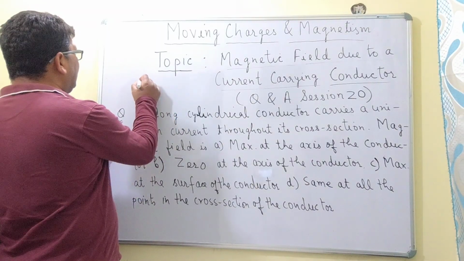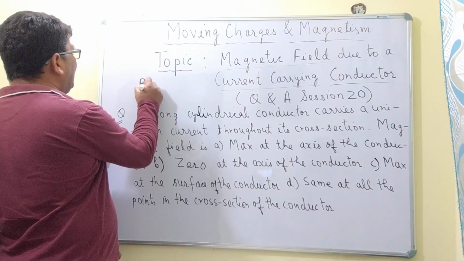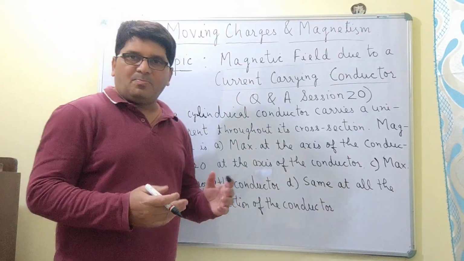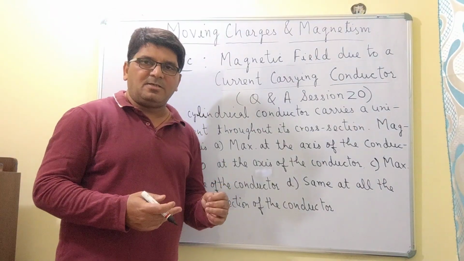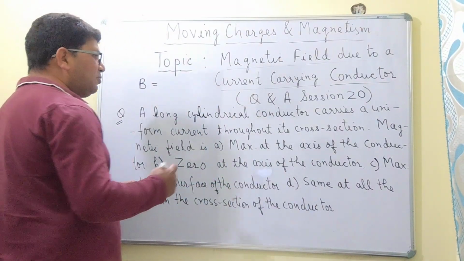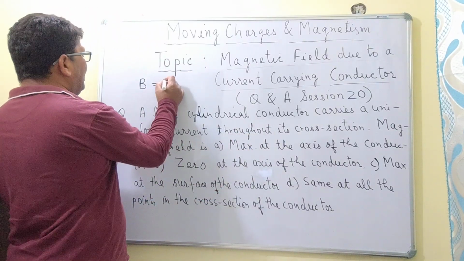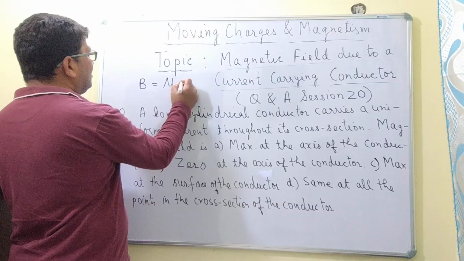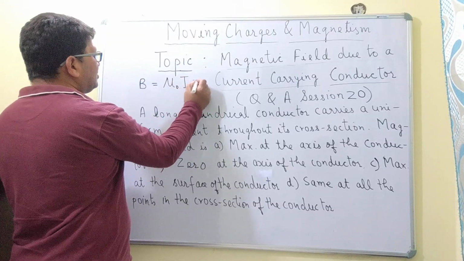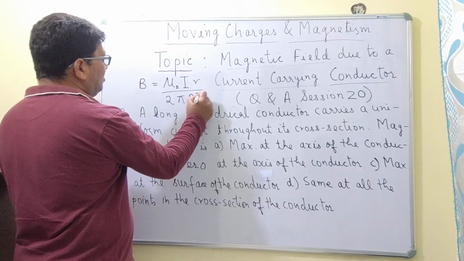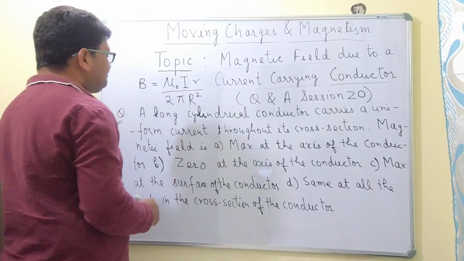In session number 18 we derived the equation for the magnetic field at a point inside the cylindrical current carrying conductor, assuming that the current was uniform throughout its cross section, and the formula was mu naught I small r divided by 2 pi capital R square.